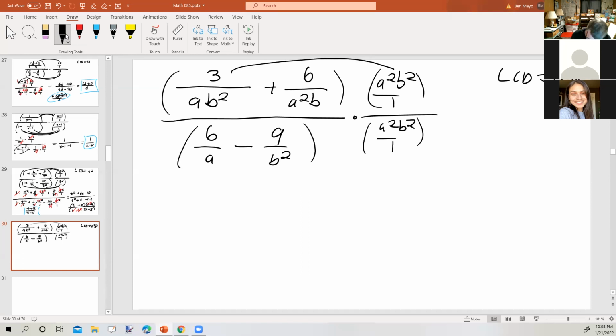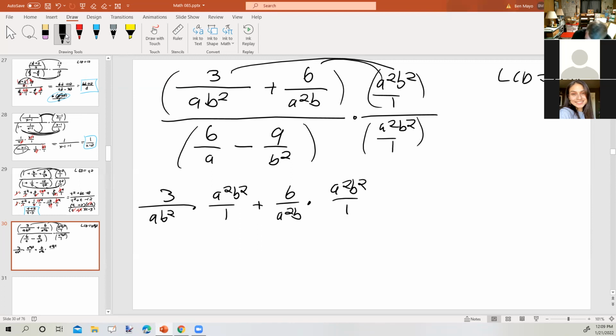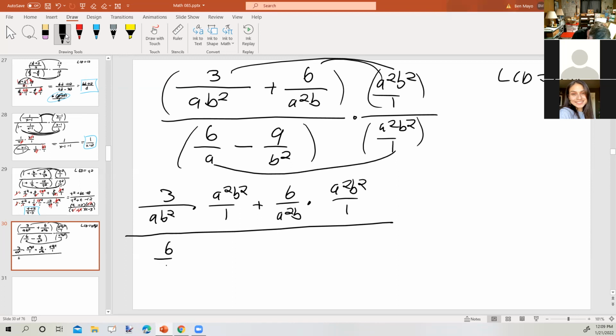So distributing: 3 over ab squared times a squared b squared over 1, plus 6 over a squared b times a squared b squared over 1, all over 6 over a times a squared b squared over 1, minus 9 over b squared times a squared b squared over 1.